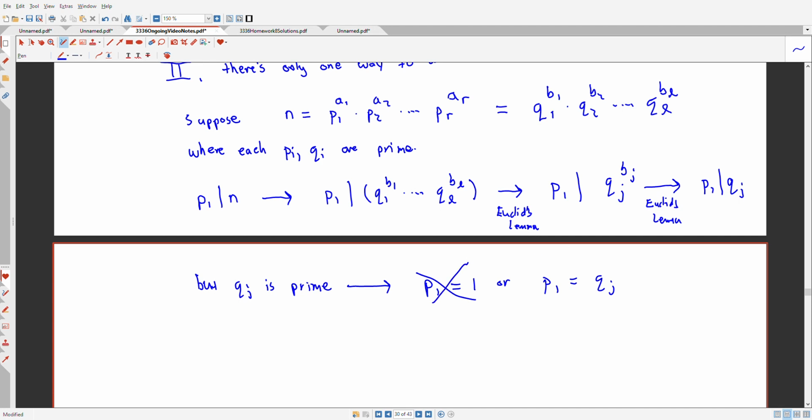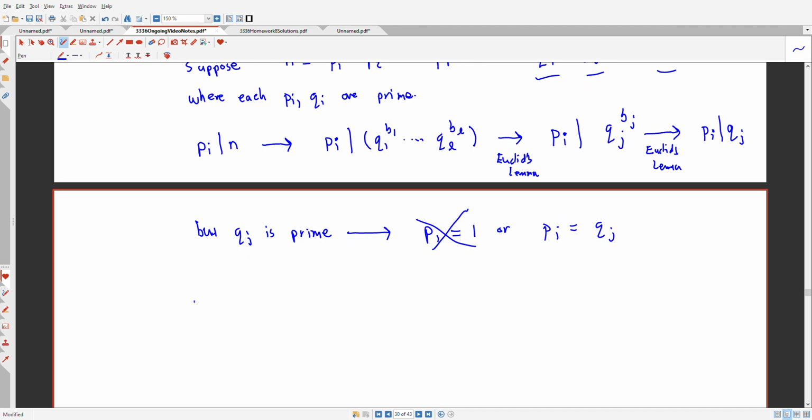So we just learned that if p1 divides n, then p1 has to be one of these primes over here. And there's really nothing stopping me from saying this is also true for p2. So really I could say for pi, if pi divides n, pi divides all these q's. By Euclid's lemma, it divides one of these q's. And so pi has to equal some qj.